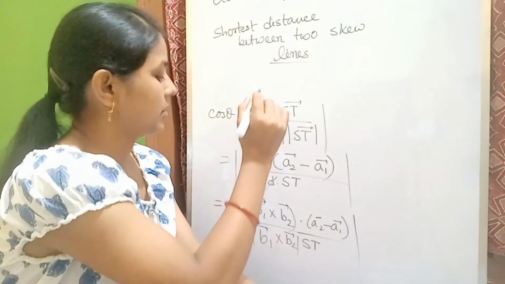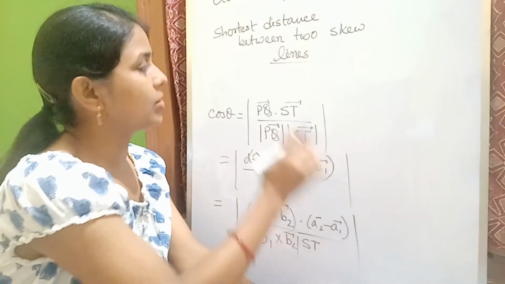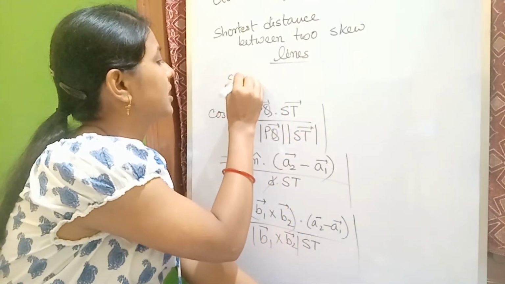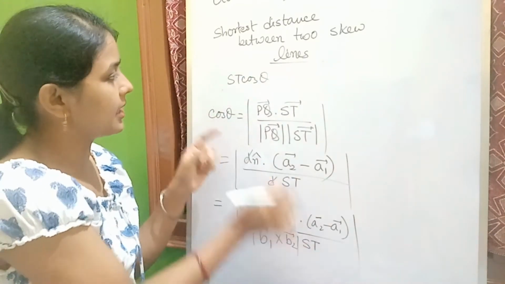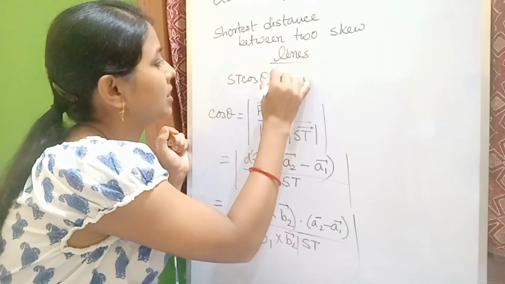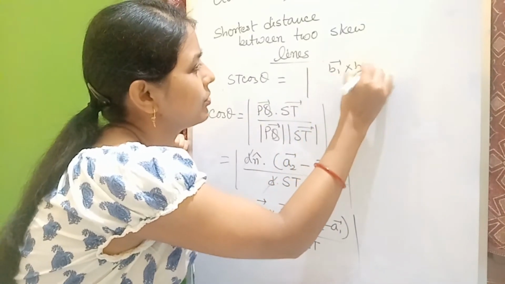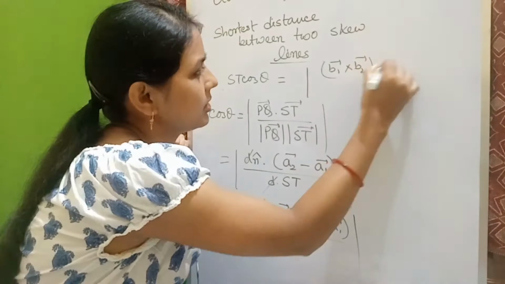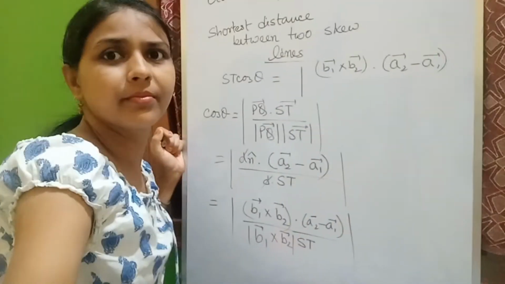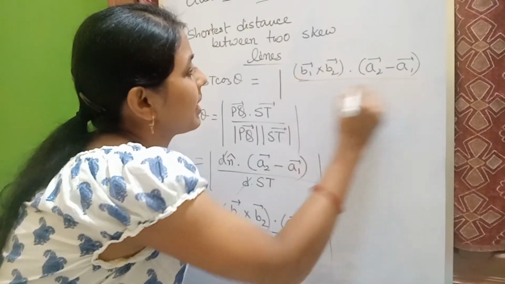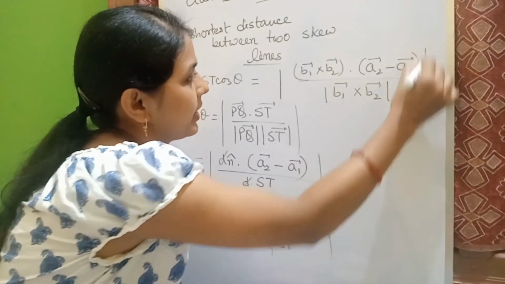So from this we can write that ST cos theta, having taken ST to the left hand side, equals modulus of B1 cross B2 vector dot A2 vector minus A1 vector divided by mod of B1 vector cross B2 vector.